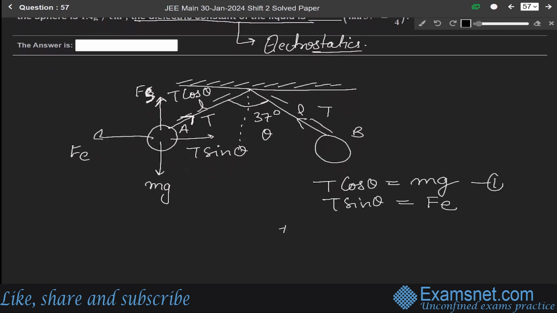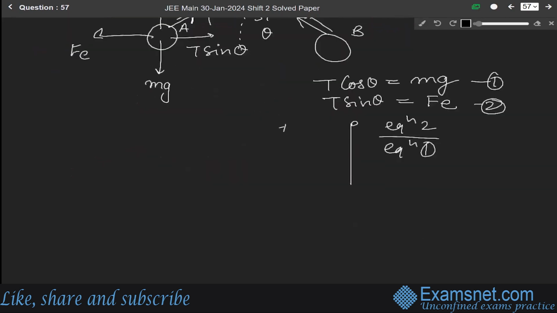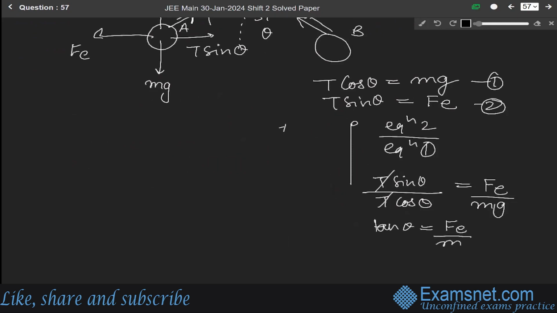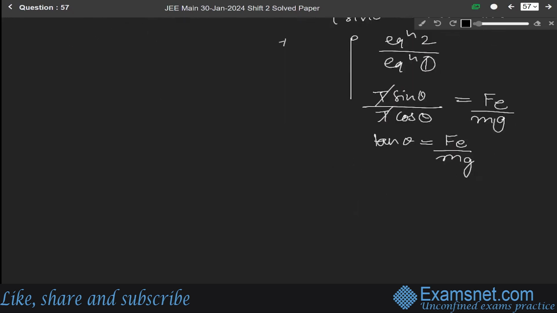So from these two equations, dividing equation 2 by equation 1, we get T sin theta over T cos theta equals Fe over mg. T cancels, so tan theta equals Fe over mg. Here m is the mass, g is gravity. Let us say this is equation 3.